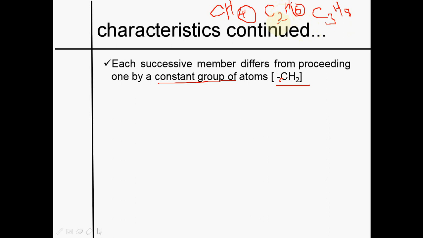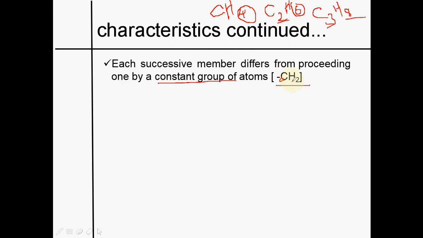Here it's 2 carbons, here it's 3, so the difference is just one carbon atom. And the hydrogens are 4, 6 and 8, so the difference between this and that one is also 2 atoms of hydrogen.